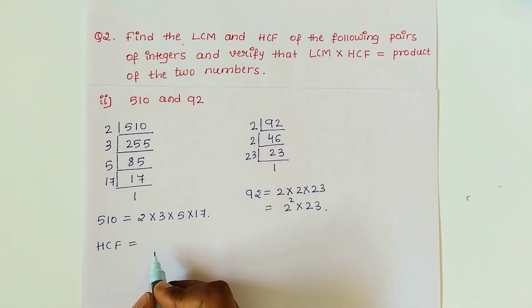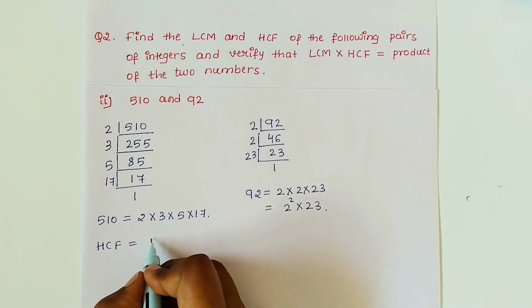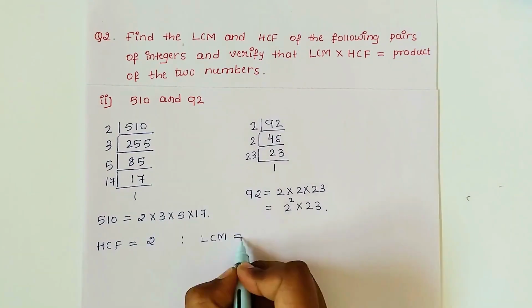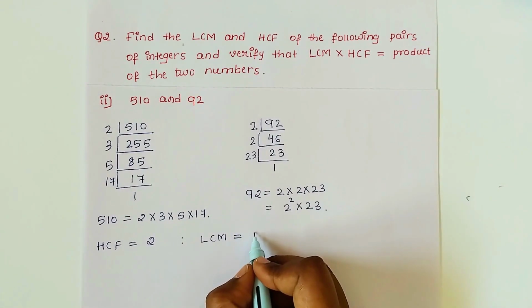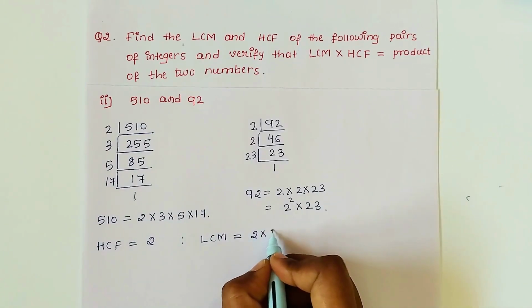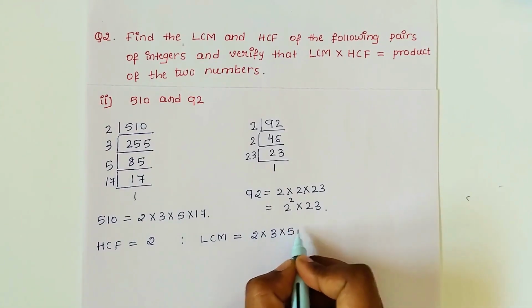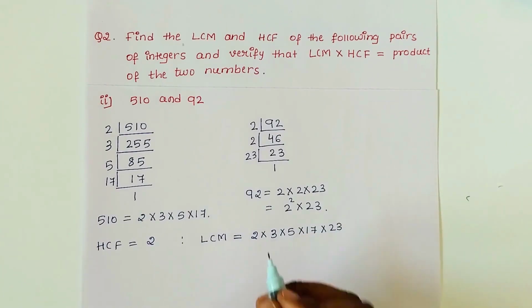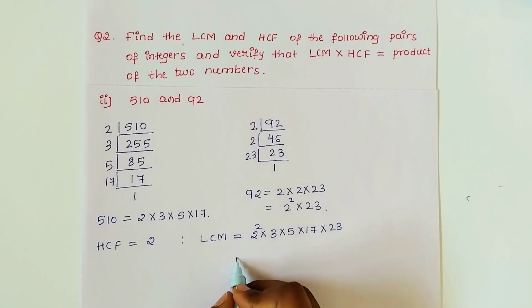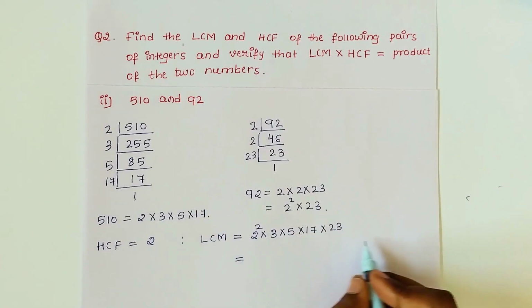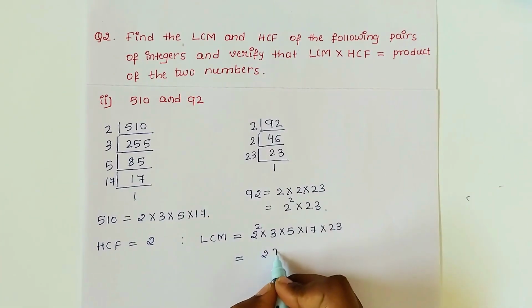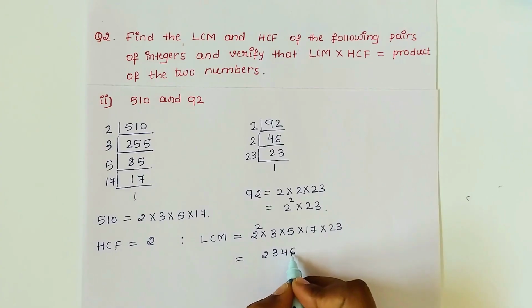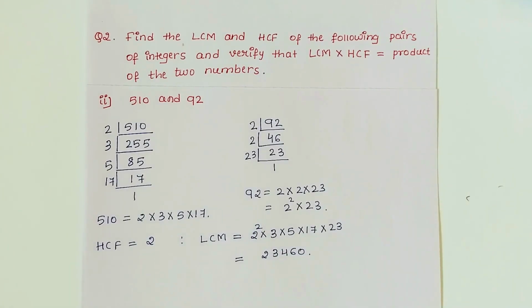The lowest power of the common factor. The common factor is 2 here and its lowest power is 1. LCM is the product of all the prime factors involved and their greatest power. If we multiply all these numbers, we'll get 23,460.